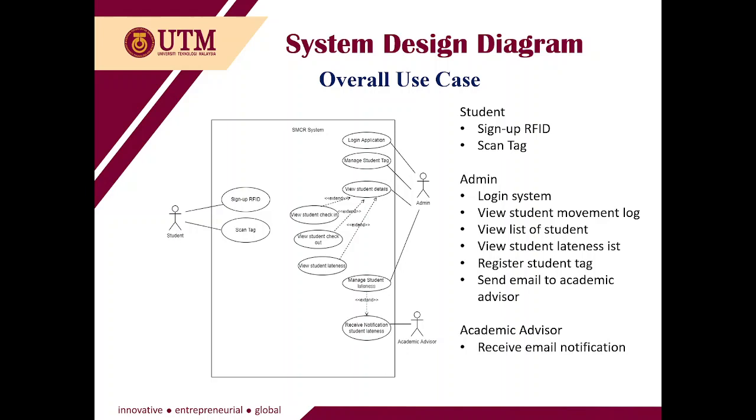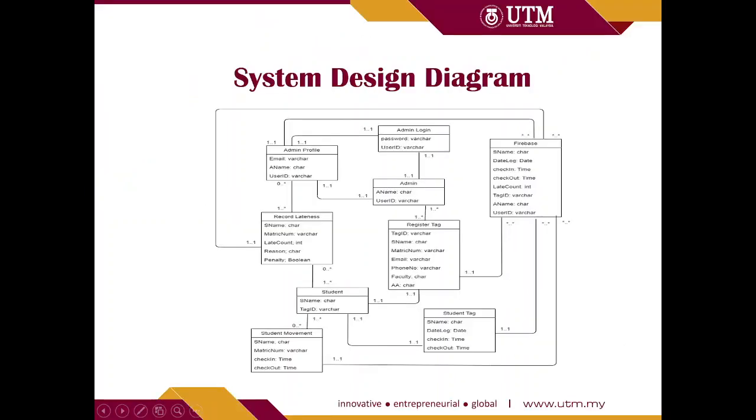And the last one is the academic advisor, who can only receive email notifications when the admin sends them about student lateness. So this is the system diagram of SMCR.